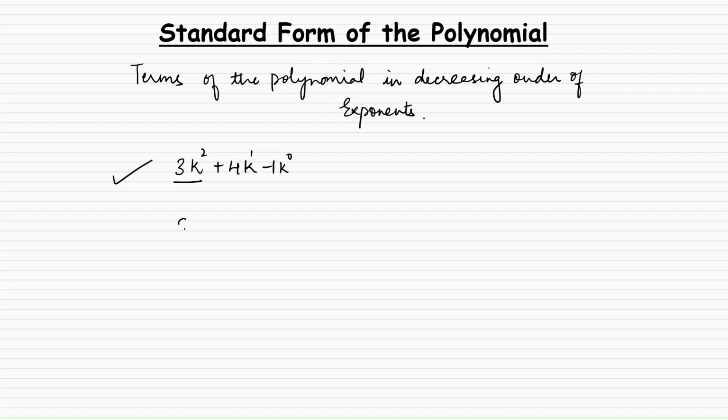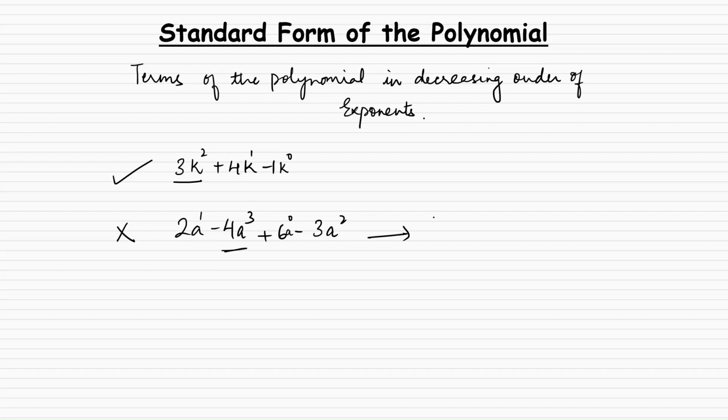If I write 2a minus 4a cube plus 6 minus 3a square, is it the standard form of the polynomial? No, because here the exponent is 1, then 3, then exponent is 0 and then 2. They are not following the decreasing order. How can I write it in the standard form? The highest exponent is this.